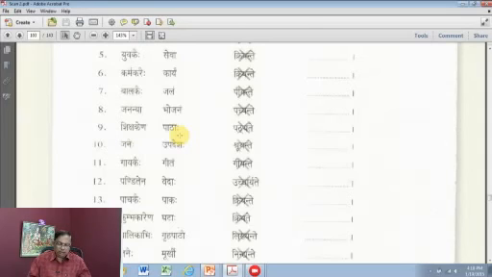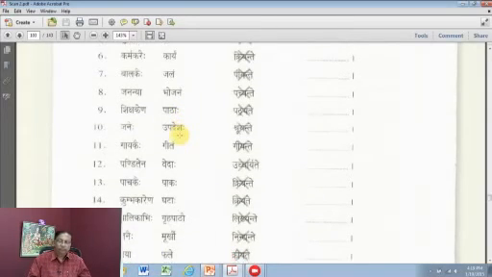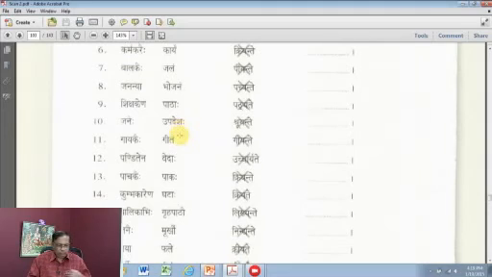Bhojanam is napumsaka. 9. Shikshakena pathaha patyante, so pathaha is plural, therefore patyante.